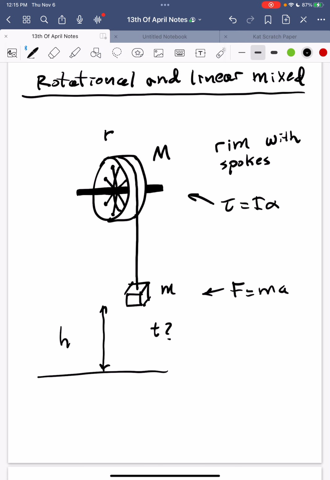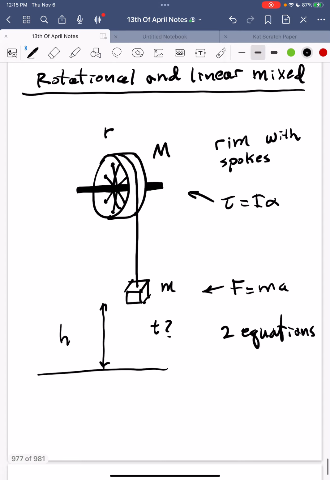Then you're going to try to get two equations, and then get some sort of handle on the acceleration. Once we have two equations, we eliminate one variable and we get the acceleration.